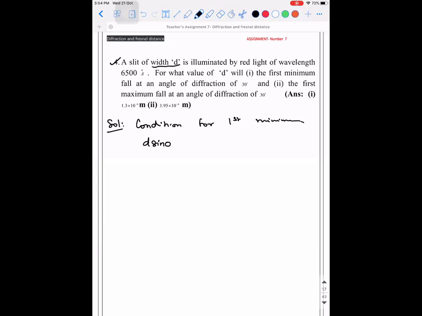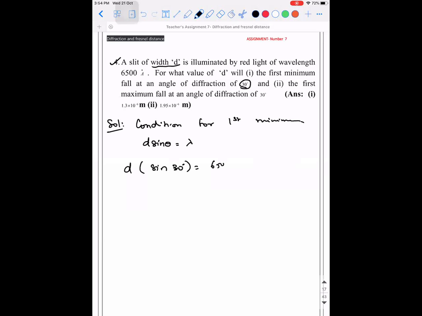Condition for first minimum is d sine theta is equal to lambda. So d is what we need to find. So d sine of 30 degrees is equal to lambda.